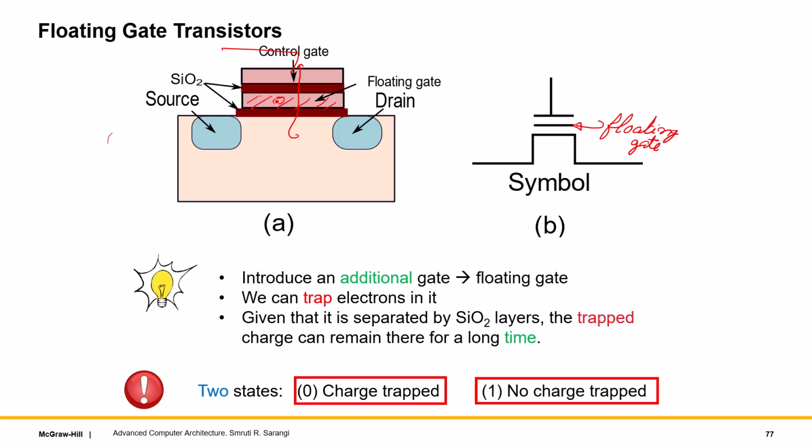Based on whether charge is trapped or not, we'll have two states. If the charge is trapped, the state will be a logical 0. If there are no electrons trapped, the state will be a logical 1. The crux of all of this is the floating gate over here, which is like an extra gate.